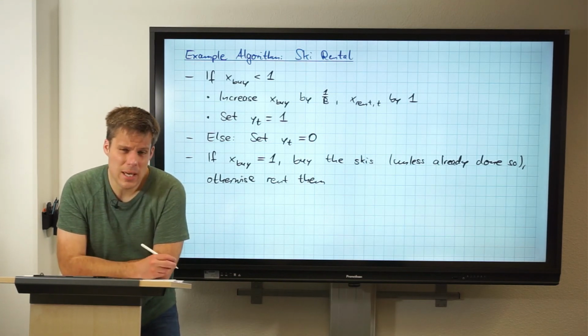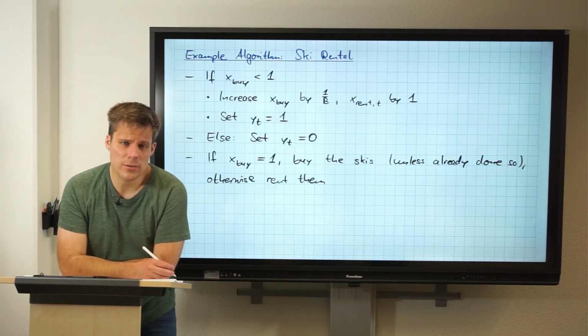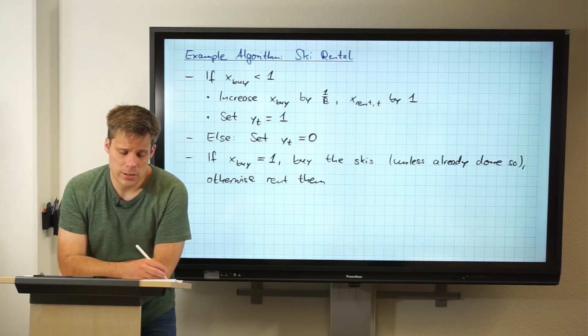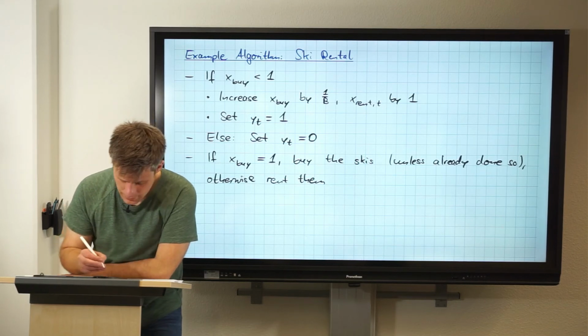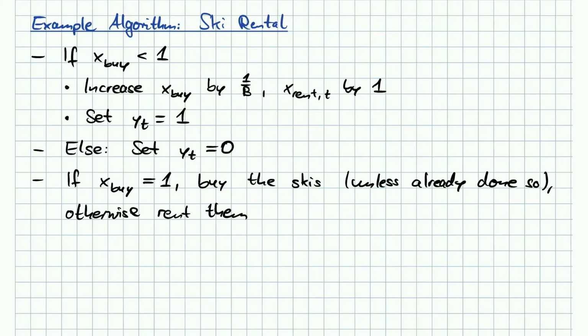And what we'll do now is show this via LP duality, using this weak LP duality that we've already shown before. So what will the cost be that this algorithm will incur?